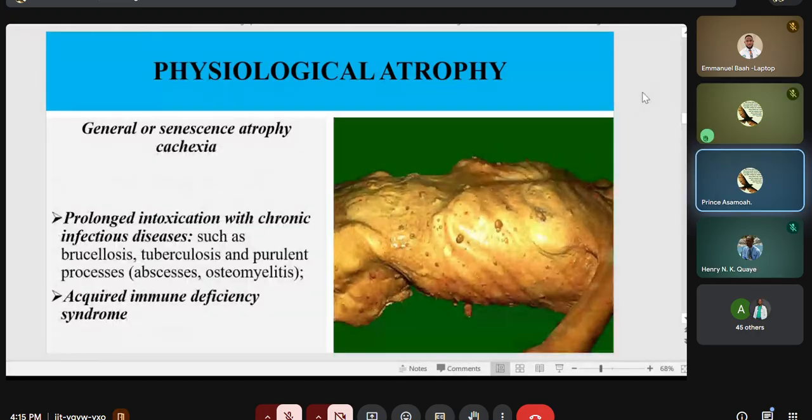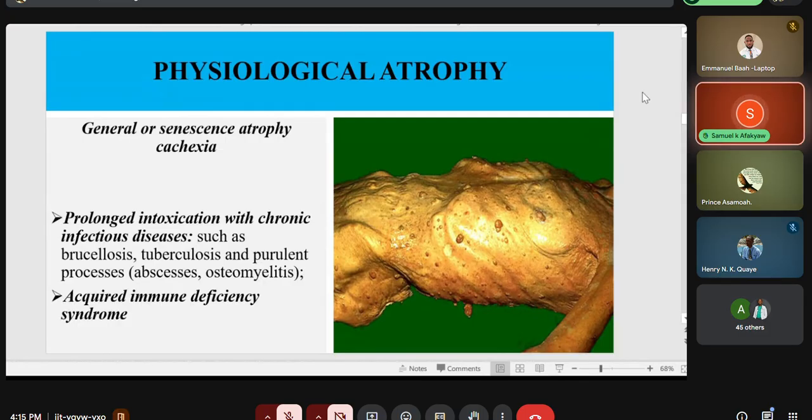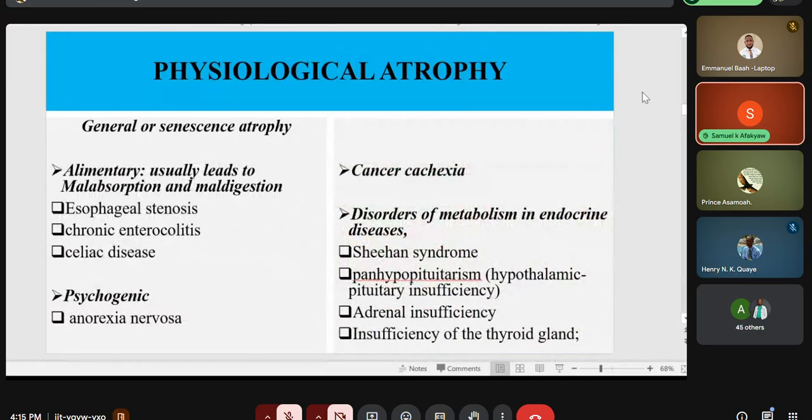Okay, so these things. Yes, Mr. Samuel. Okay, so I'm looking at adrenal insufficiency.